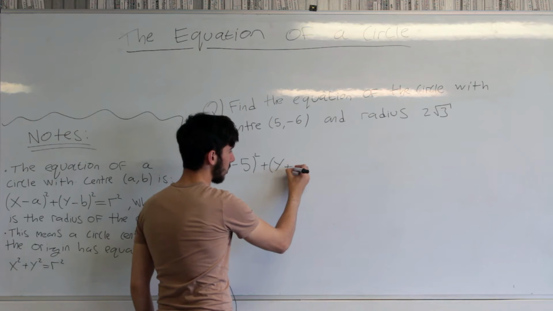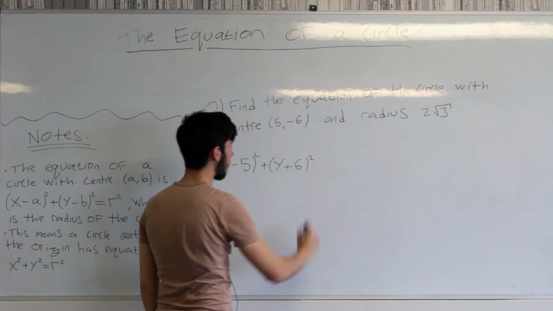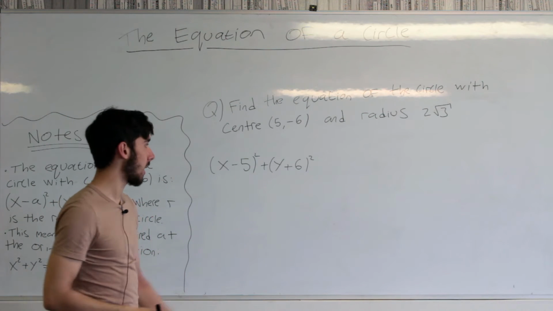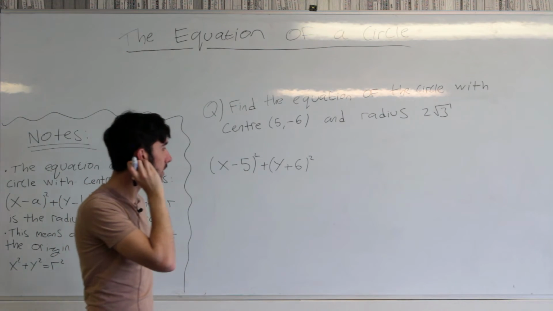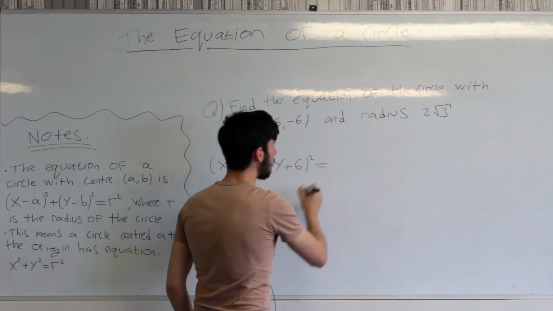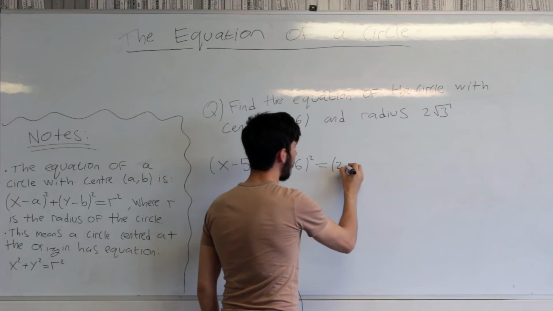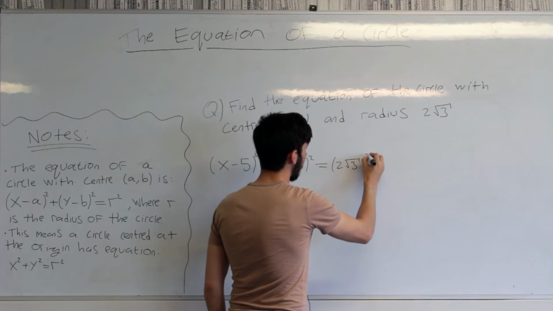So we're just going to go y plus 6 squared, because y minus negative 6 is y plus 6. And again, we square both of these. And then we set that equal to 2 root 3 squared.